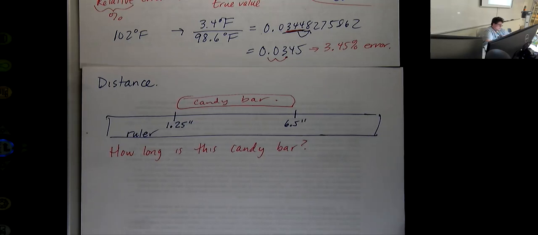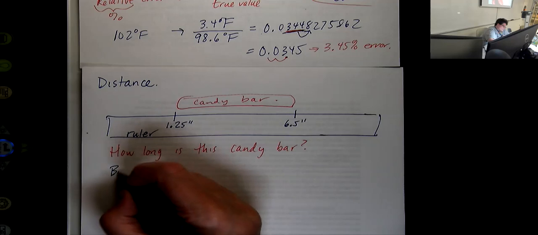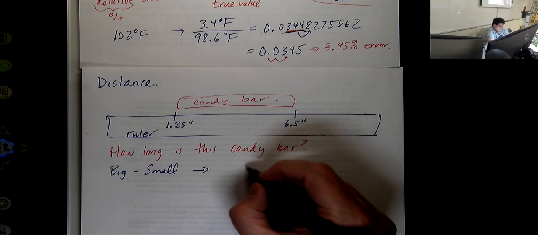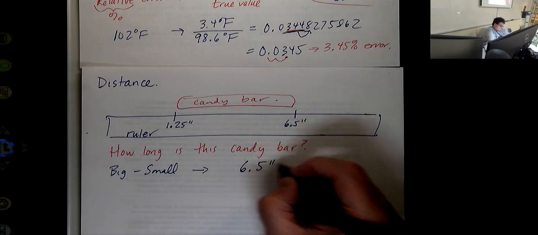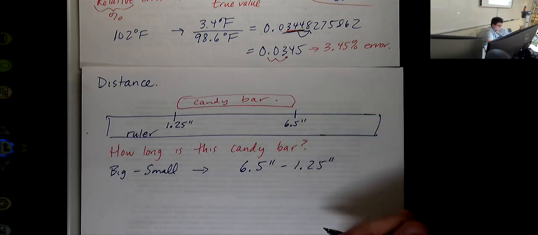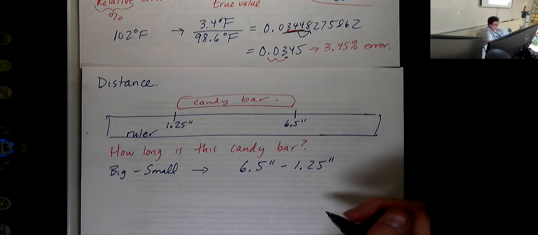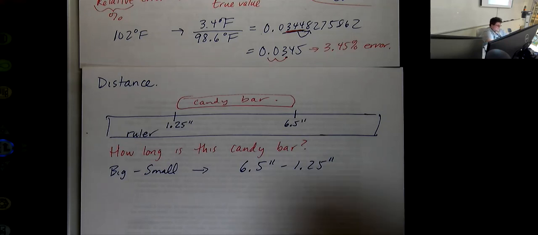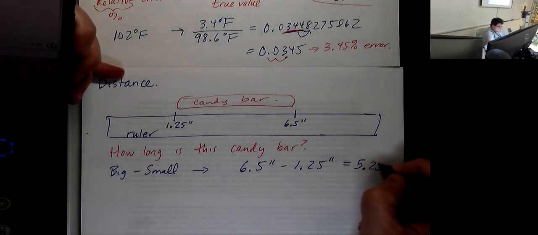Generally, they're going to teach you to take the big number minus the small number: 6.5 inches minus 1.25 inches. And I think it's 5.25. That equals 5.25 inches.